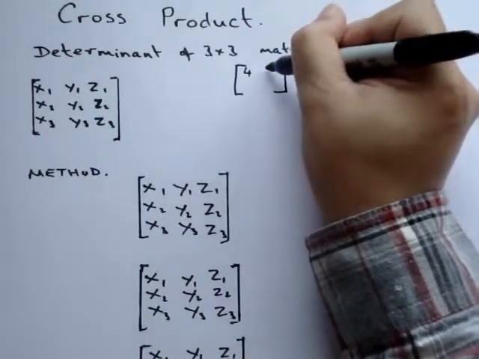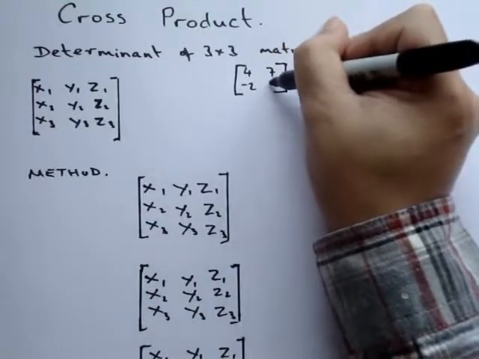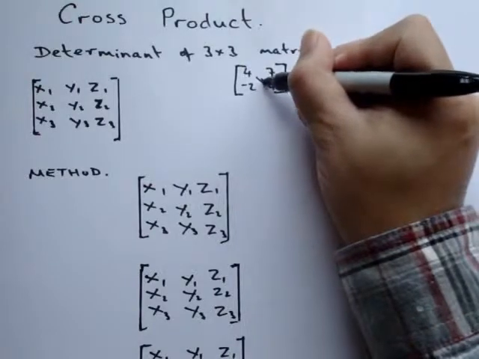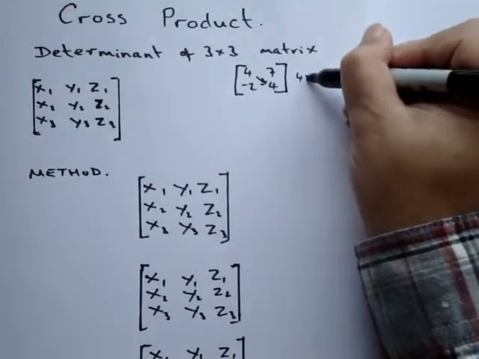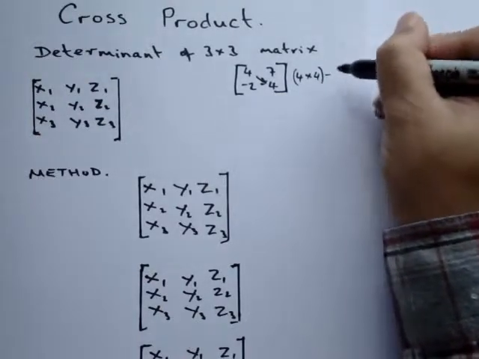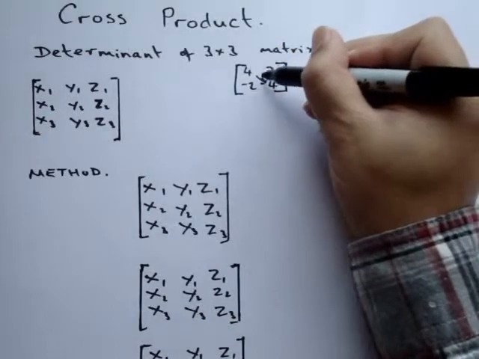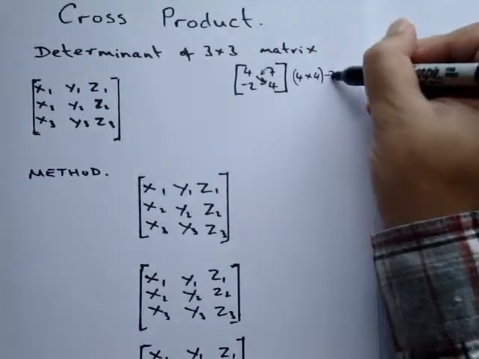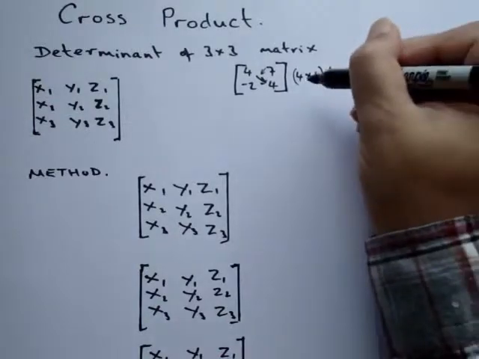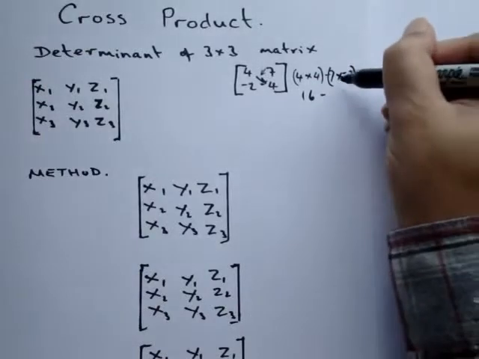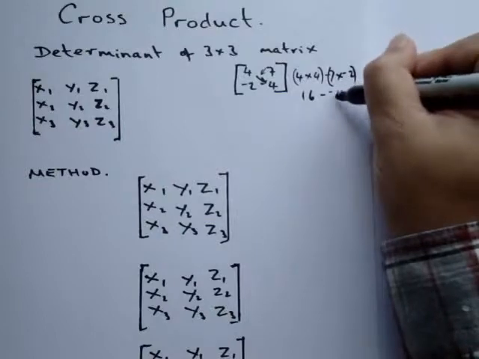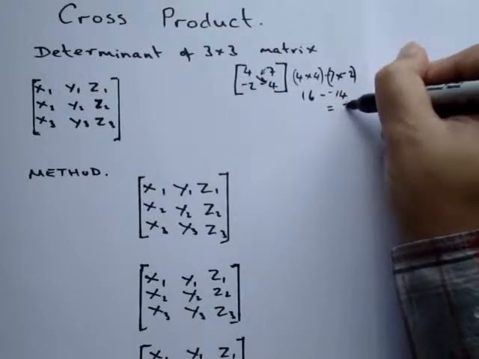If we had 4, 7, minus 2, 4, this would be going this way, 4 multiplied by 4, and then we minus 7 multiplied by minus 2. So this would be 16 minus 7 multiplied by minus 2, which is minus 14, and this equals 30.